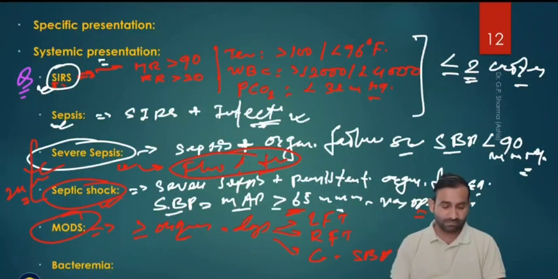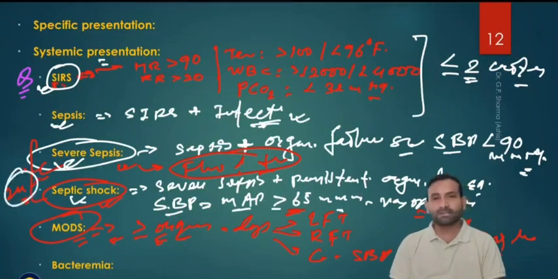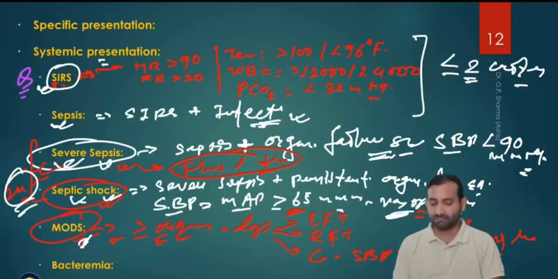So this is multiple organ dysfunction, and this should also persist for at least 24 hours. Then only we can say multiple organ dysfunction syndrome. But in severe sepsis or septic shock, it may not be present for 24 hours, but the criteria should be the vasopressor need or no vasopressor need. These two criteria should be applicable for severe sepsis or septic shock. But in case of MODS, strictly this organ dysfunction should persist for at least how many hours?